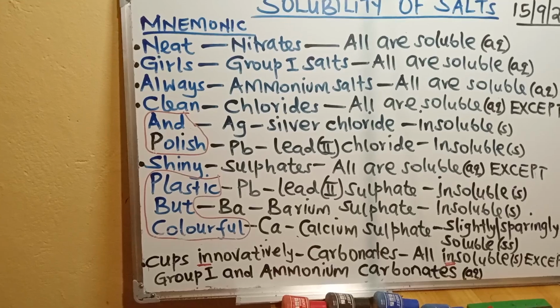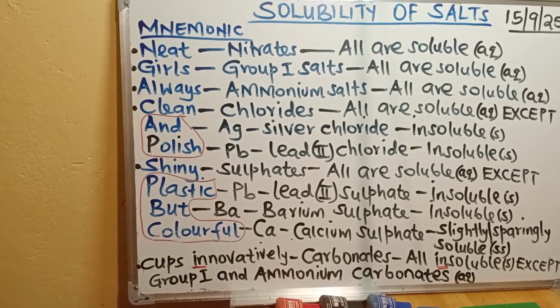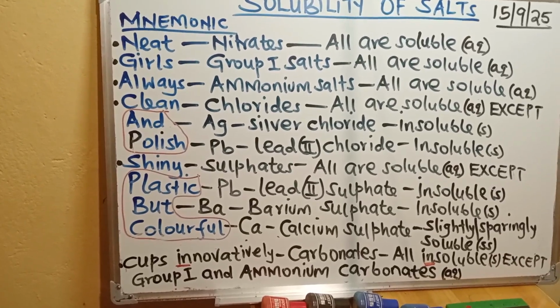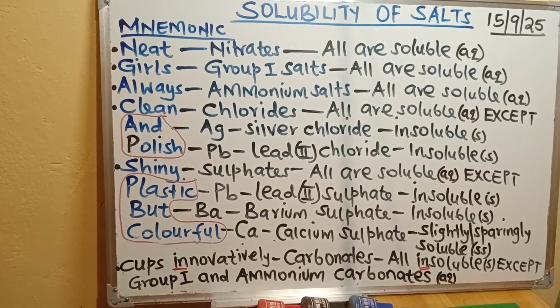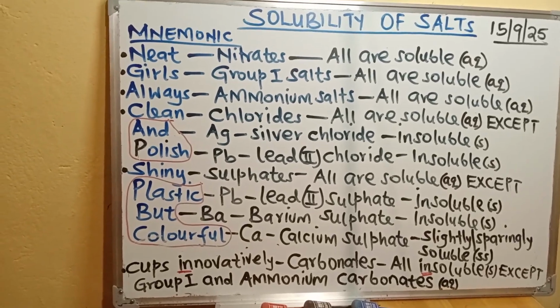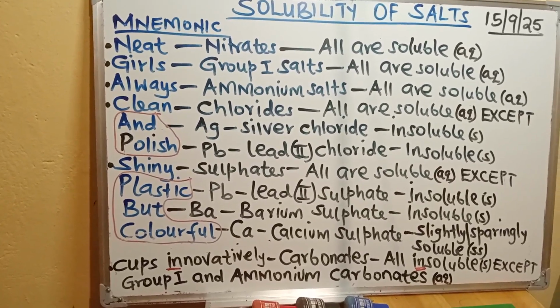So from the word aquatic, we have aqua. Aqua has something to do with water. And so when you hear of the aqueous state, those are the salts that usually dissolve completely in water.